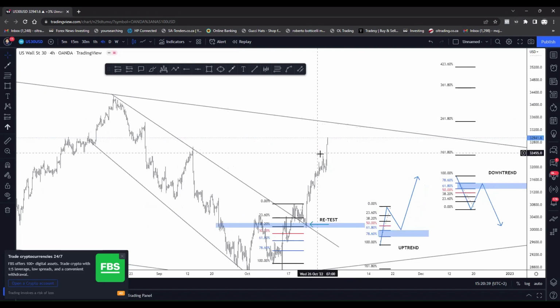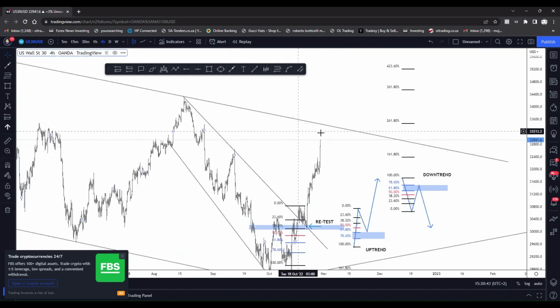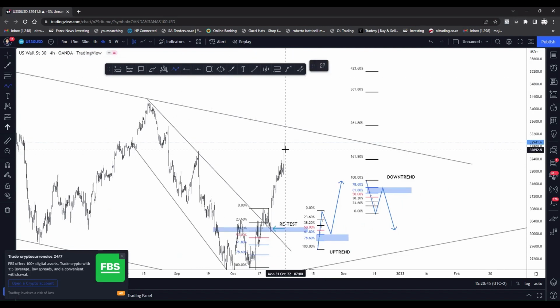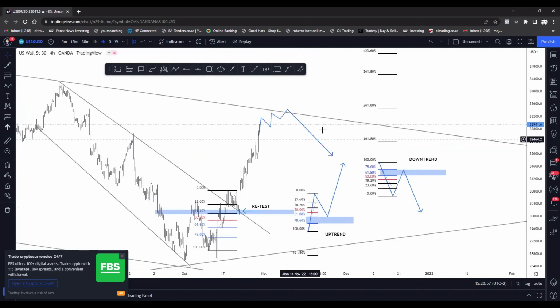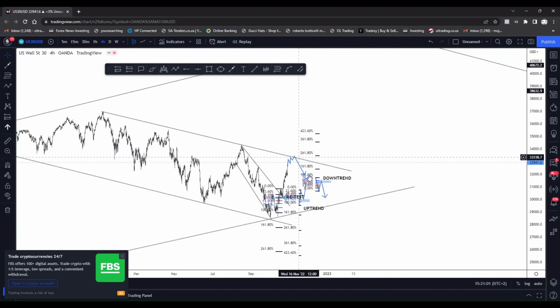So now we are anticipating it to push further and break this. But what can possibly happen is that, because of the bigger downtrend, we can have this type of pattern. We go back till we complete this.